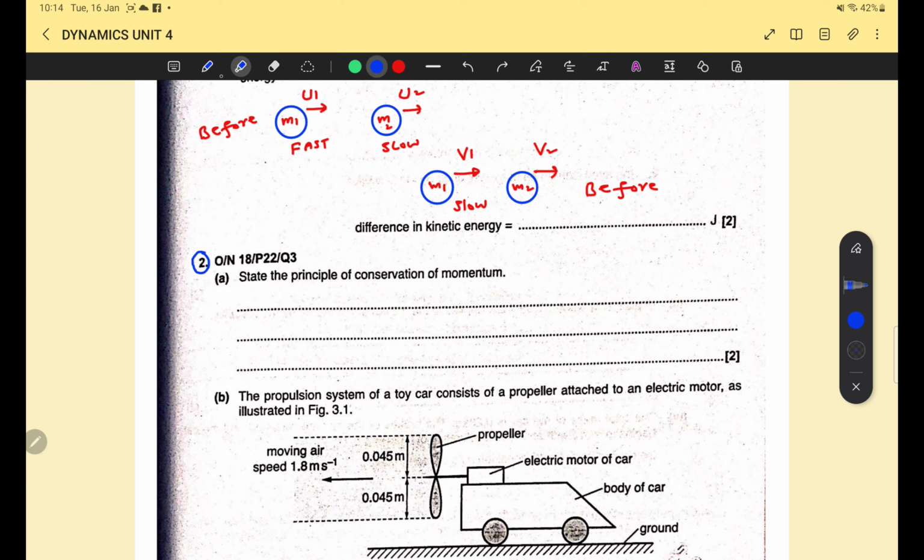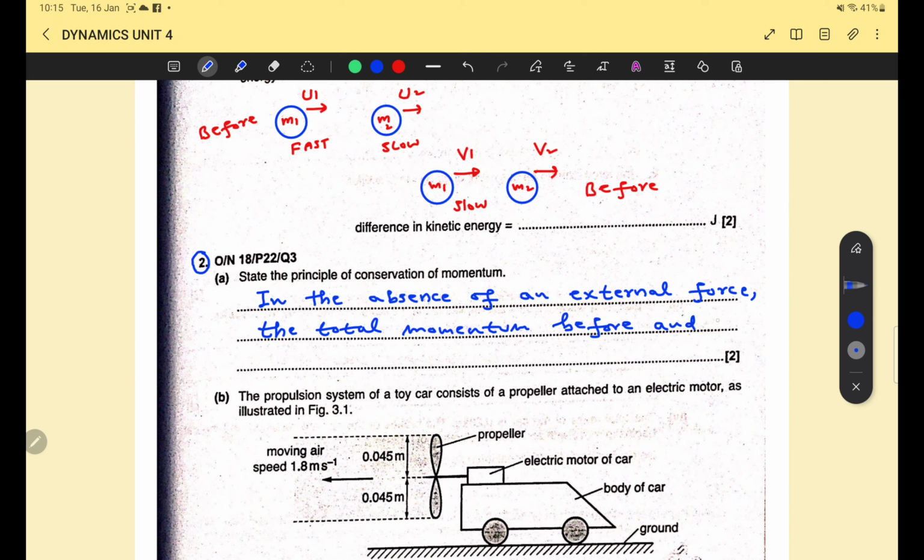So note down with a proper definition. In the absence of an external force, the total momentum before and after collision remains the same.